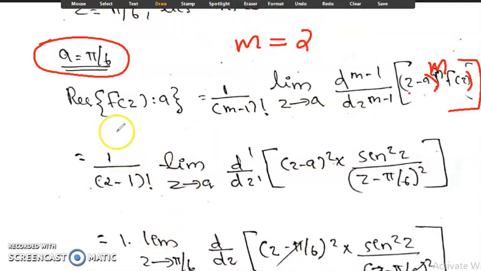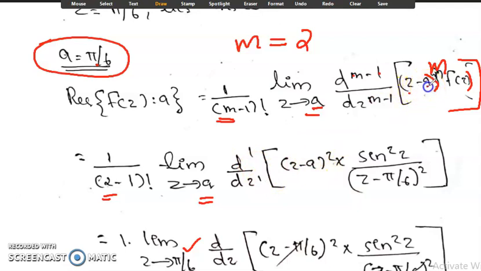So now let us substitute it here. 1 by (2 - 1) factorial, z tends to a, which is pi by 6. Then d to the power m minus 1, 2 minus 1 is 1, so d by dz, power is 1.